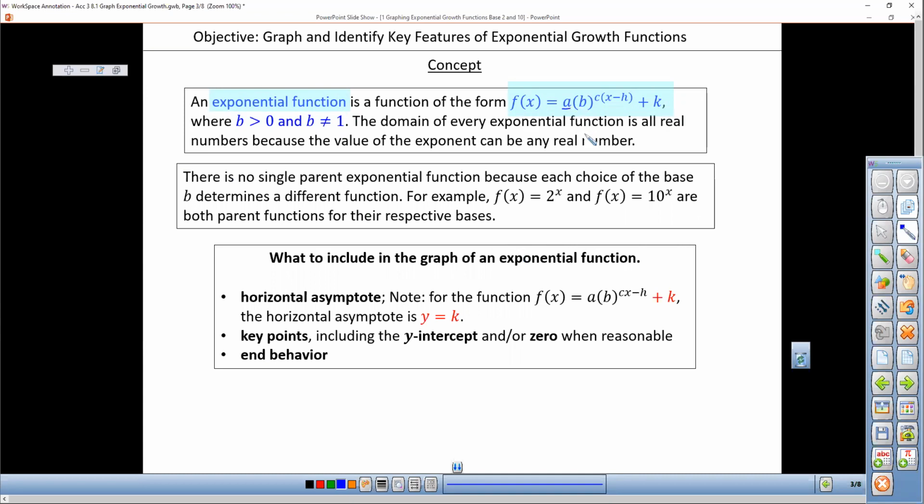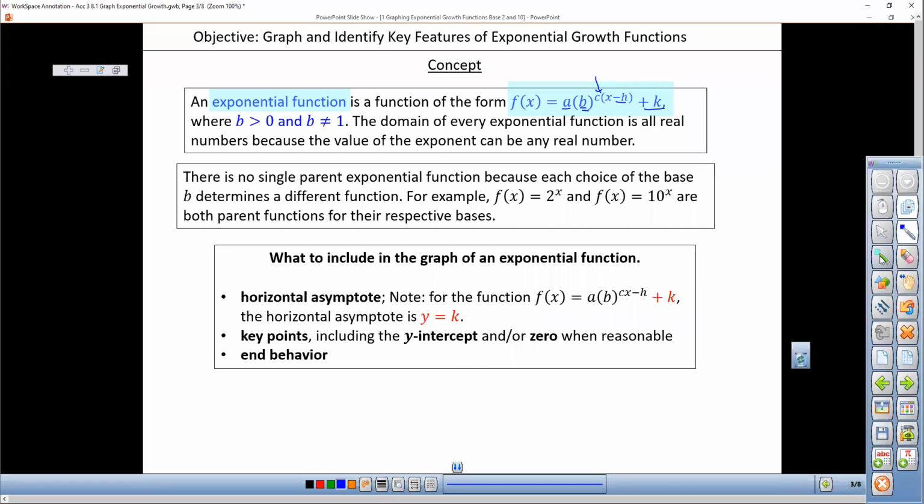So we have our a parameter, we have our k, we get our h from taking the opposite of what's after the x, and this c right here is actually what in other functions has been our 1/b parameter that gives us a y-axis reflection, a horizontal stretch, or a horizontal compression. Here it's a c because in an exponential function, we use the letter b for the base.